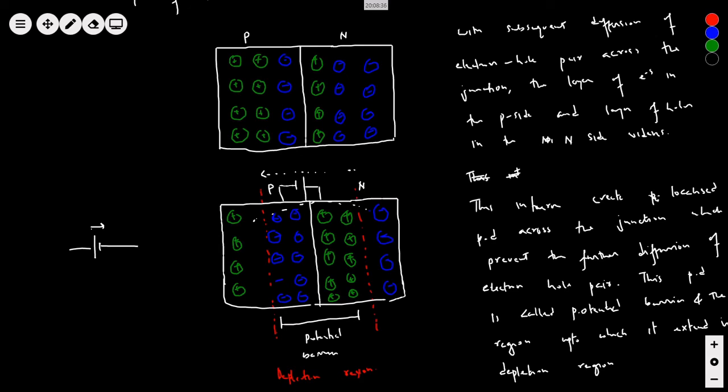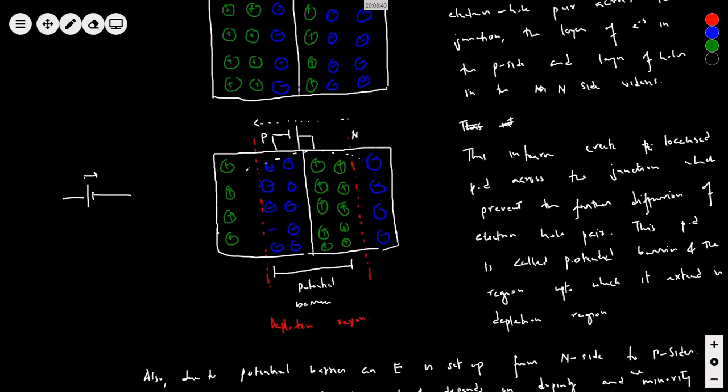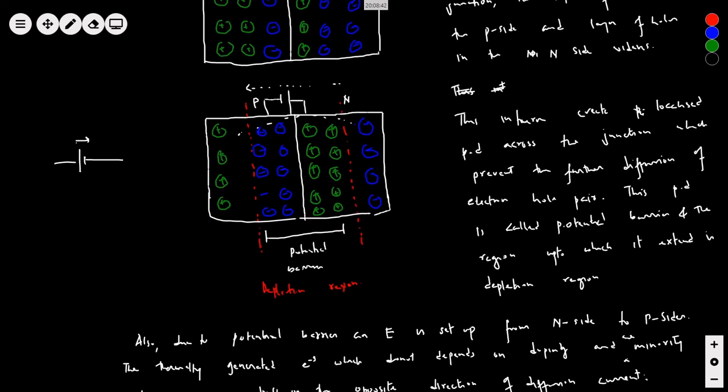The potential difference across this junction is called the potential barrier, and the region up to which it extends is called the depletion region. If the depletion region is thin or broken, it is a good conductor; if it is very wide, it is a bad conductor.